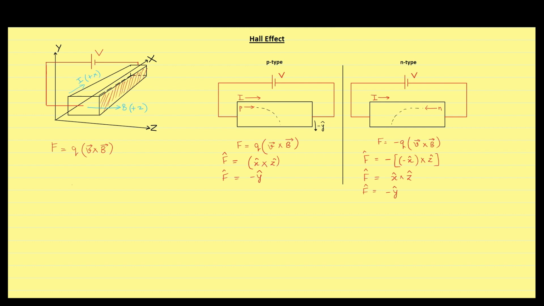So, you can observe that irrespective of the type of semiconductor, the charge carriers move in negative y direction and upon accumulation will create an electric field in the y axis. Remember that we will have actually two electric fields.